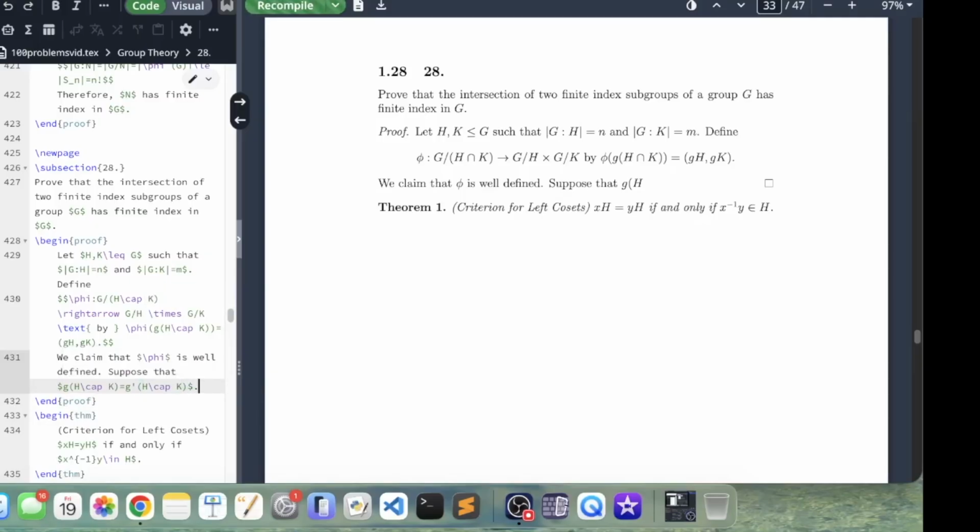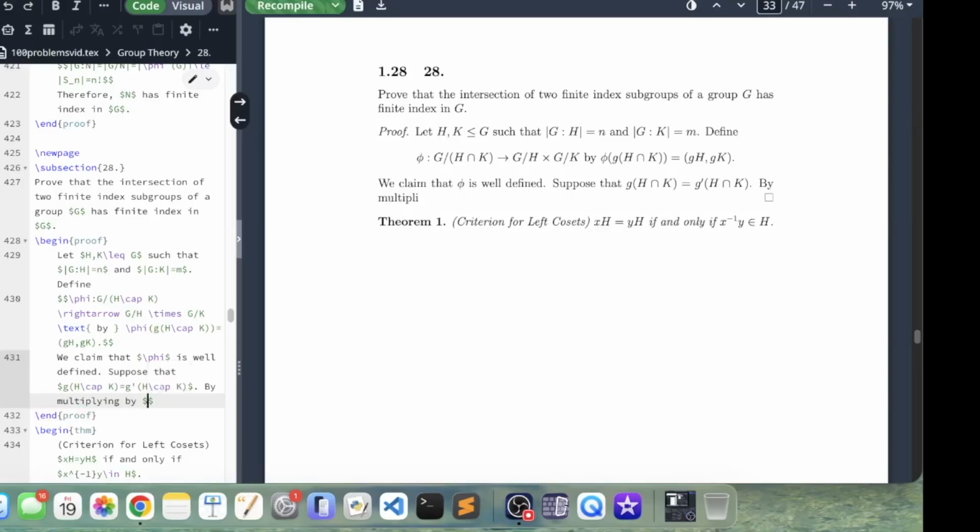So we have two of these equal, and we want to show that essentially GH, GK is equal to G prime H, G prime K. Since we have this relationship, we can multiply by G inverse on the left on both sides, and this gives us G inverse G prime times this intersection is equal to the intersection.